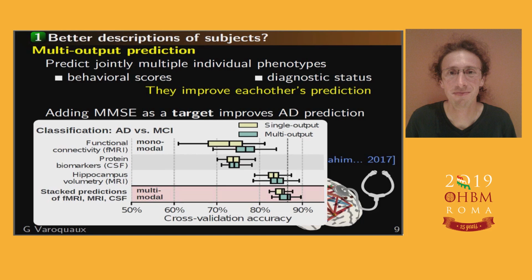And the interesting thing was that predicting them together improved the prediction. So adding MMSE as a target for prediction, not as a feature to predict from, would improve Alzheimer's disease prediction. Basically, the models can learn the shared variance between those measures.